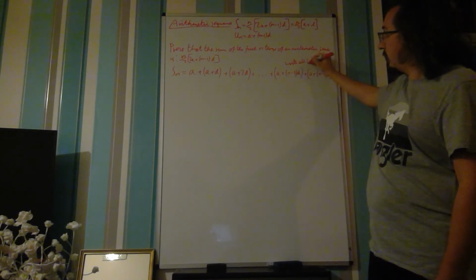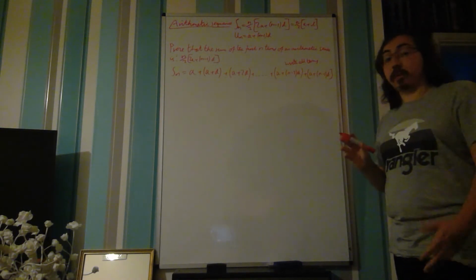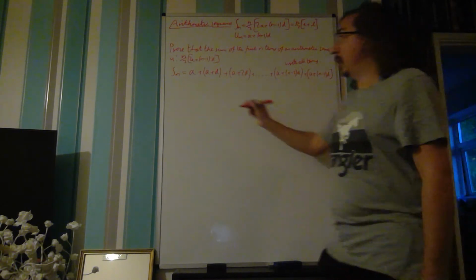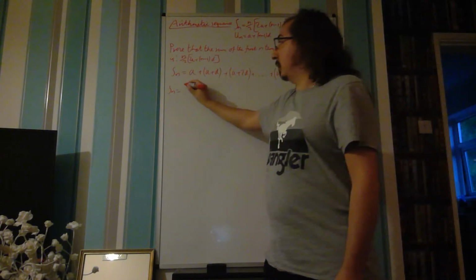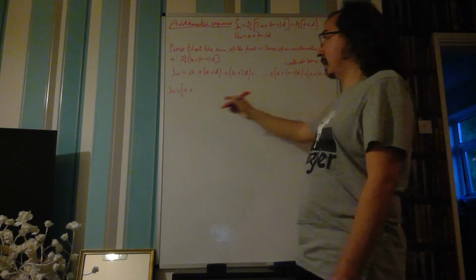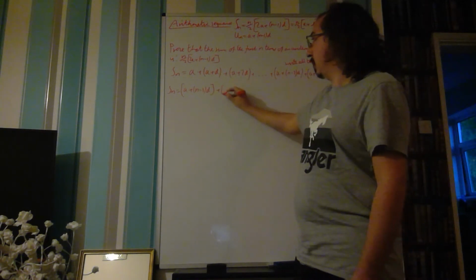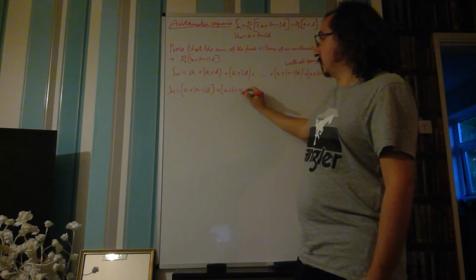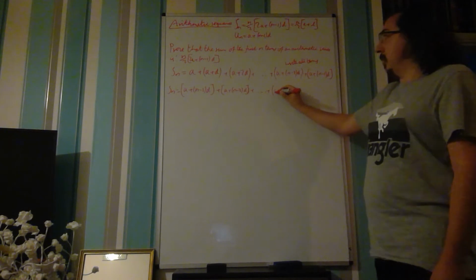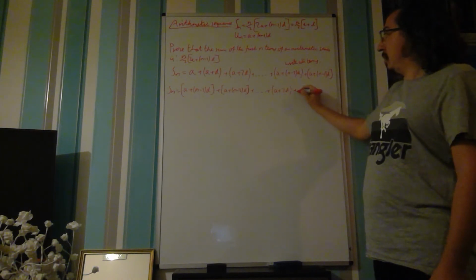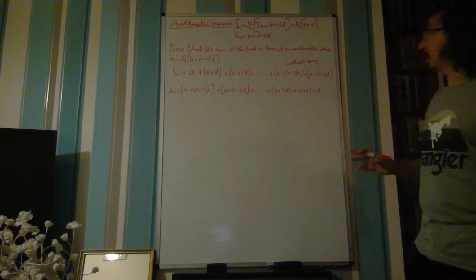We then need to write out a very similar expression, but actually we need to reverse this. So we can also say that our summation for the nth term, we can start with the expression for the nth term, a plus n minus 1 times d, plus a plus n minus 2 times d, and so on, to a plus 2d plus a plus d plus a, which is back to our first term.